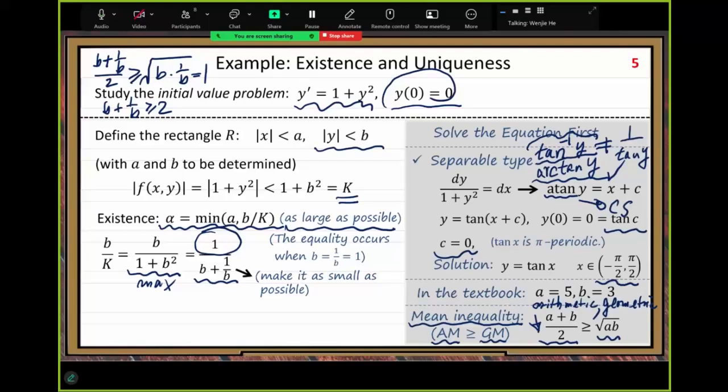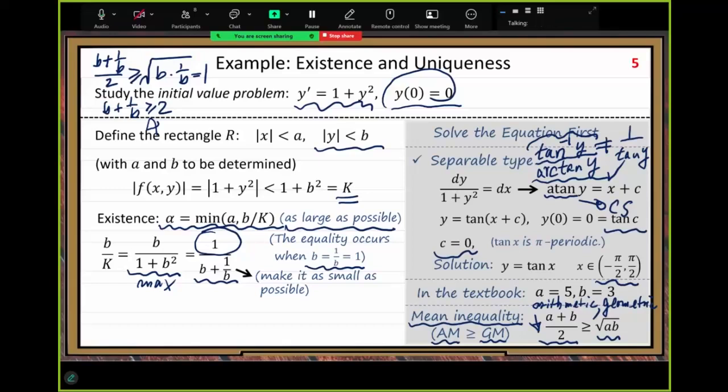And the equality holds when b and 1 over b are equal, so when b equals 1, this b plus 1 over b is the smallest number. The smallest number is 2.